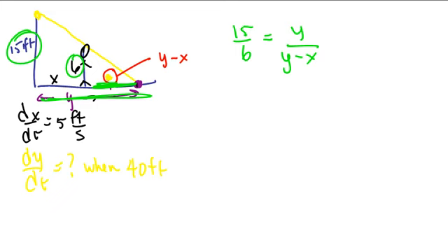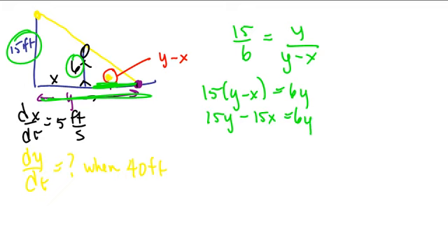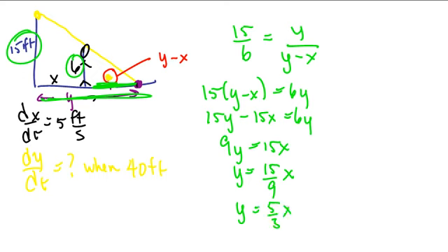So I'm actually going to cross multiply to get rid of the fraction. Multiply the y by 15 through. Collect the y's on one side and the x's on the other, and then reduce the fraction. So that's 15/9 over x, which I can write as 5/3 x.